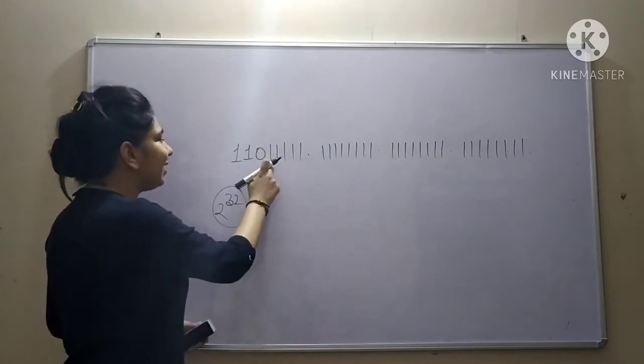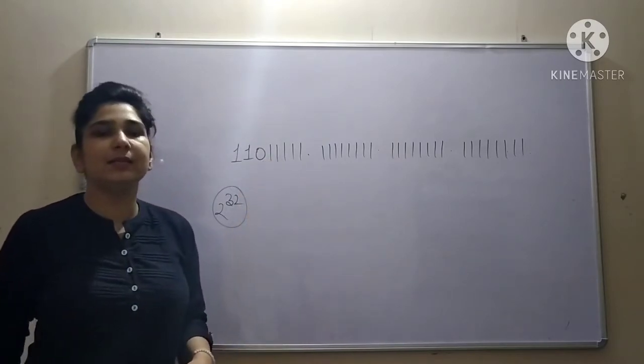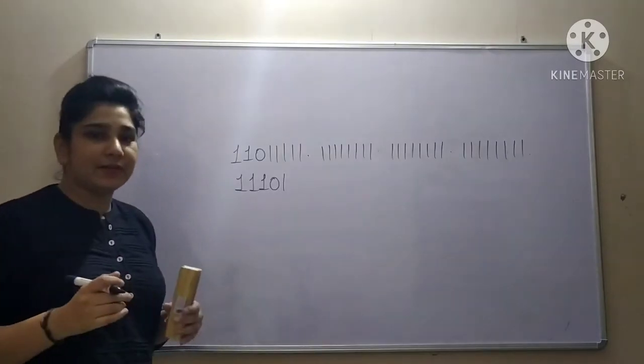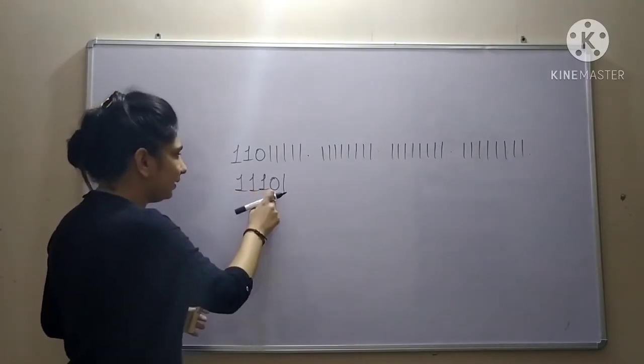So this was the last IP address of class C, and the next IP address is going to start from 1110.